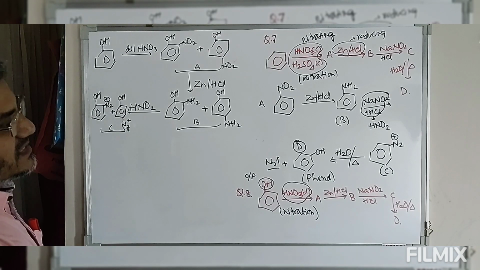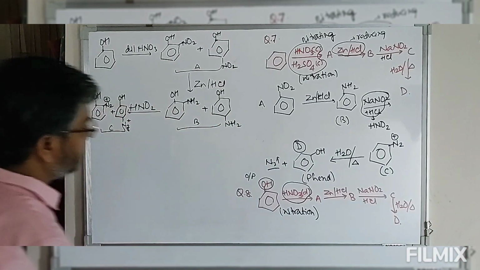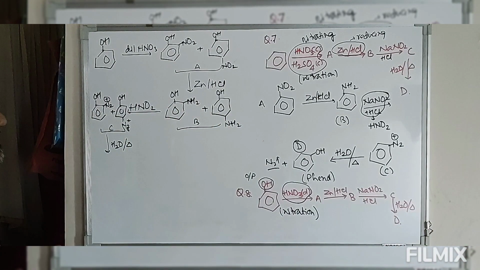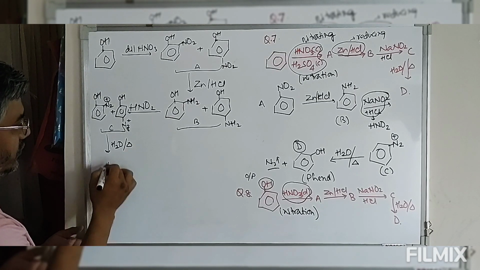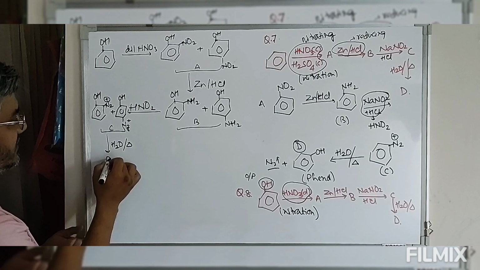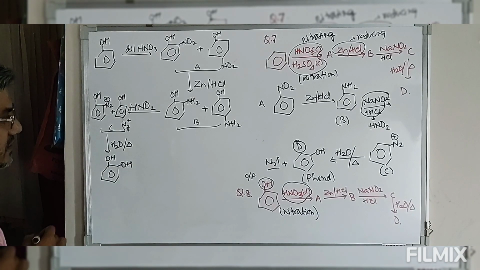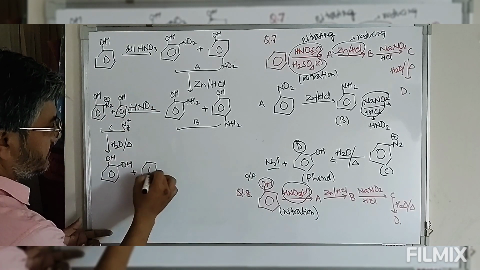Now this compound C on acid heating with steam, water heated at very high temperature, means steam distillation. When the phenolic group is introduced to the benzene ring, that means nitrogen gas is removed and the phenolic group is introduced here.